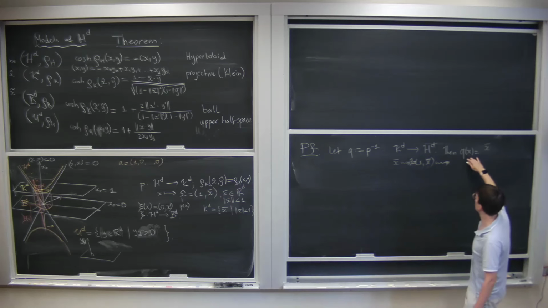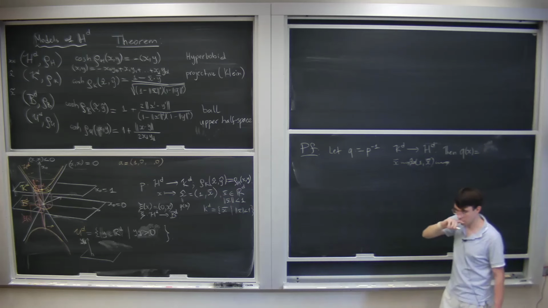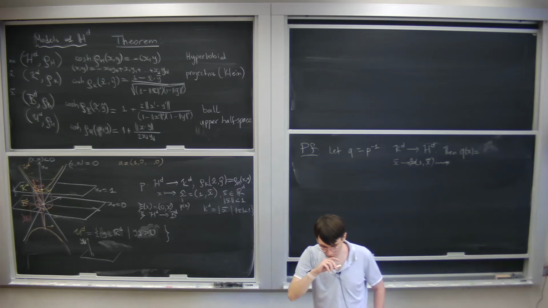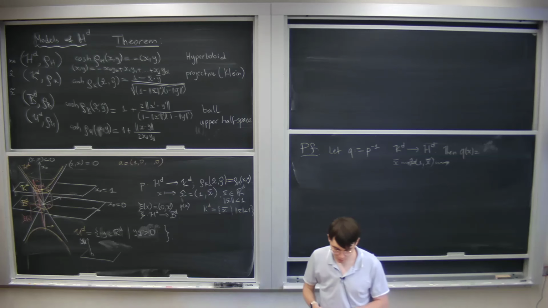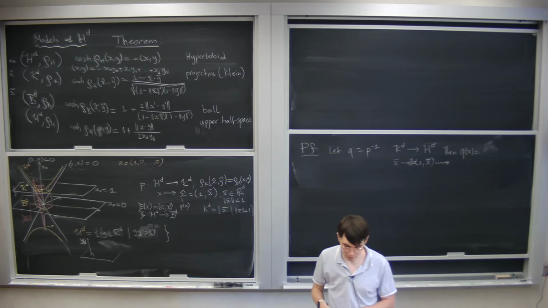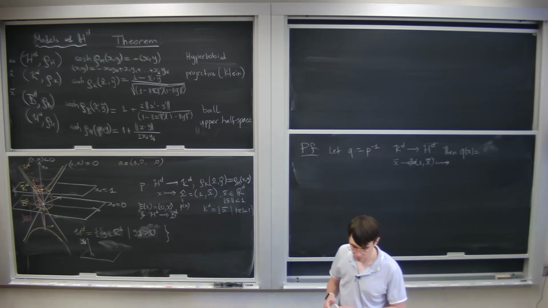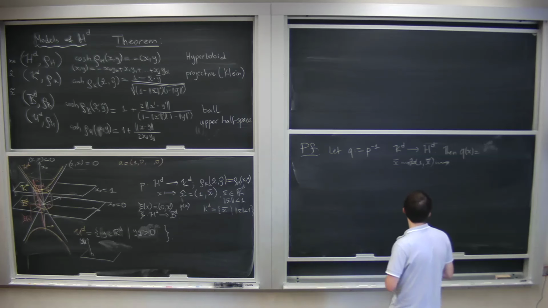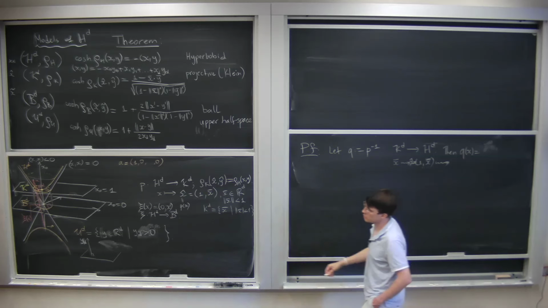And I want to write down Q of X. And then I'm taking X bar plus, let me think a little bit. Yeah, this is not enough.